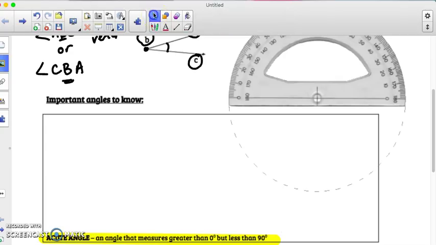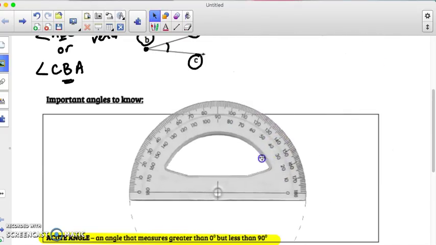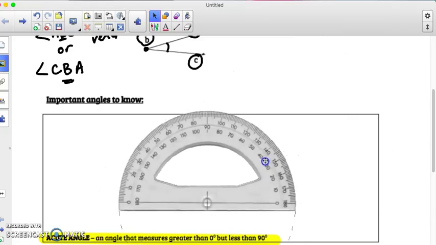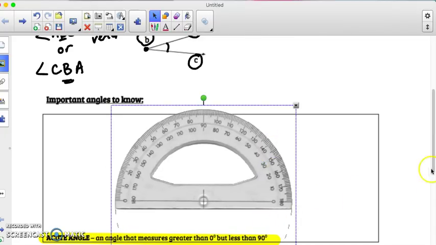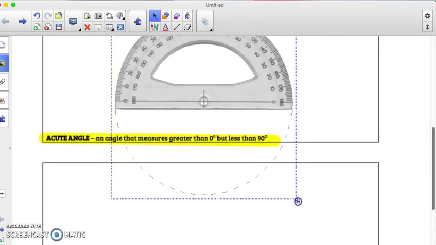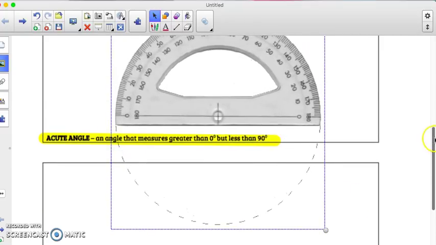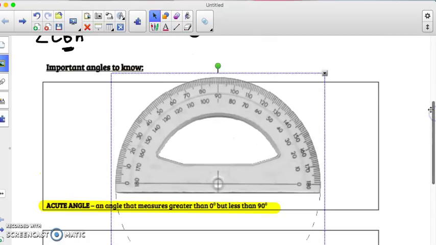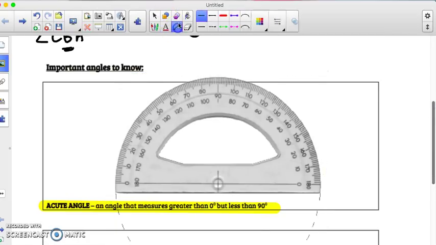So the first steps in using your protractor are the following. You're going to take your protractor. I'm going to make mine a little bit bigger so you can see the numbers here. Take your pencil, and on the straight edge portion of the protractor, draw a straight line about half the length of the protractor.